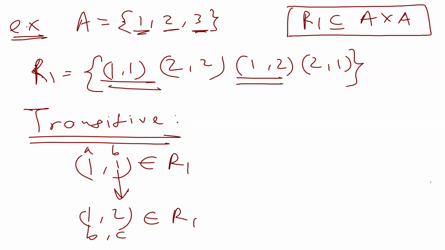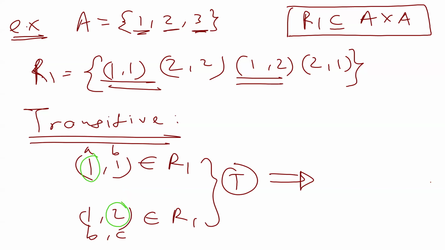This also belongs to R1. Both are true. What does this imply? This implies A comma C also should belong to R1. So what is A? A is 1 and C is 2. So 1 comma 2.